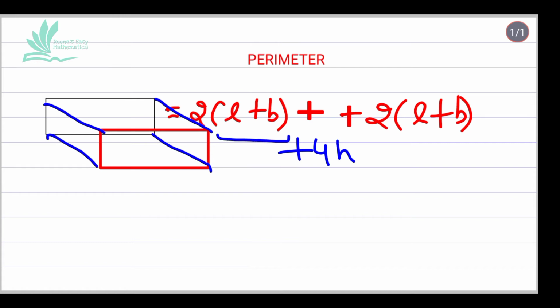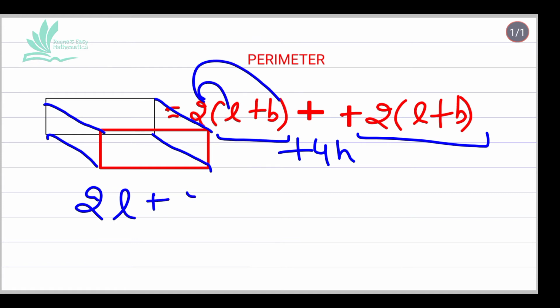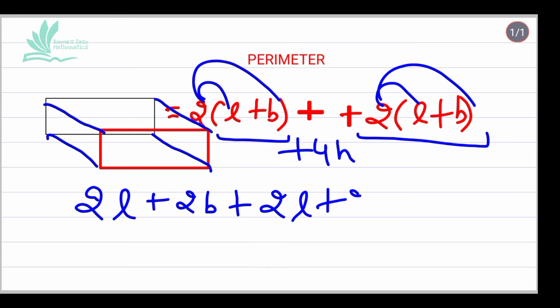If I'll solve this equation, it is twice of L by multiplying 2 with L, plus twice of B which is breadth, then plus twice of L again as well as twice of B plus 4H.